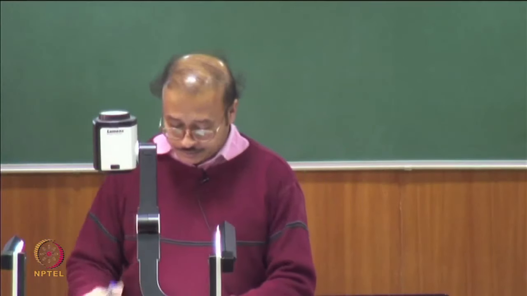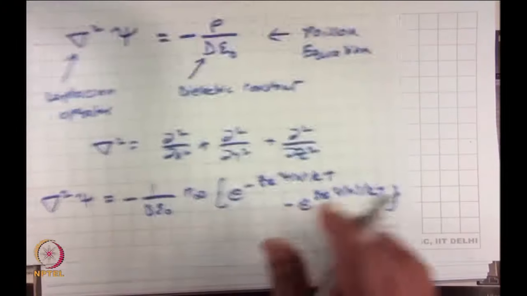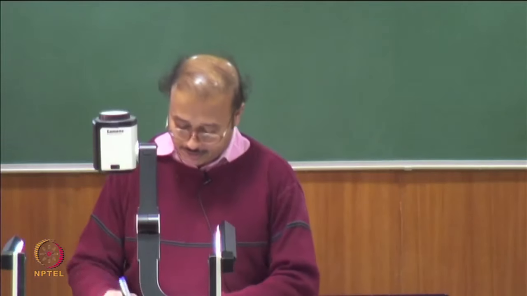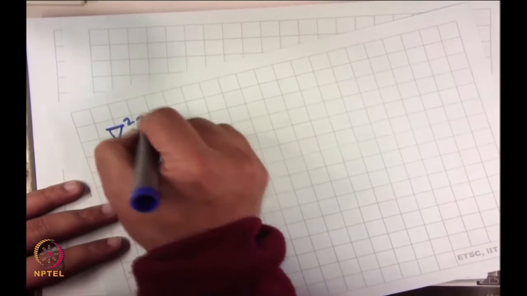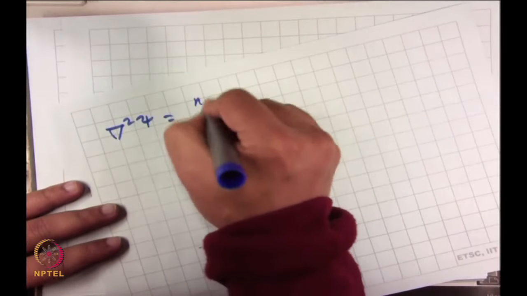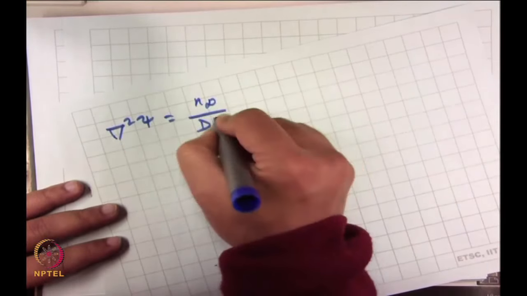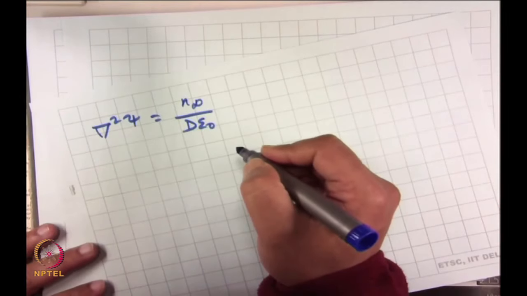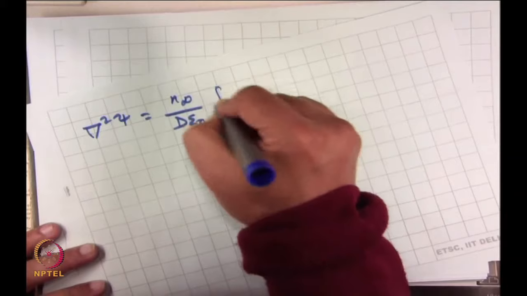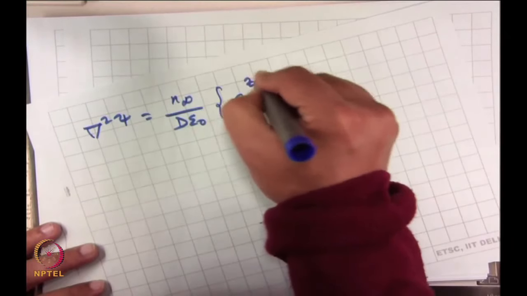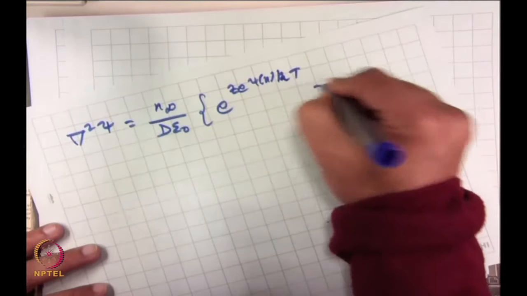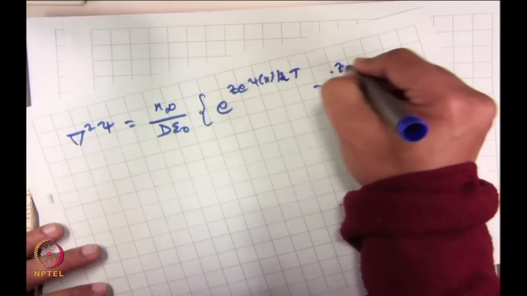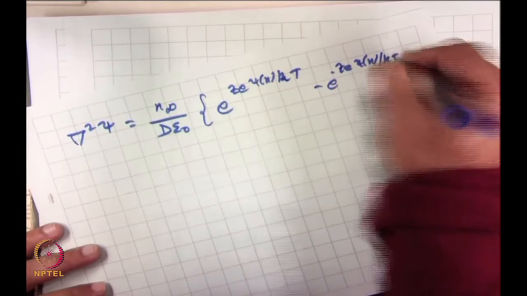Okay. So, I will do a small algebraic thing. So, what I will name this as equation 2, and what I will do is I will write this one as del square psi is equal to n infinity by d epsilon 0, okay, and I can write e to the power z e psi x over k t minus e to the power minus z e psi x over k t.